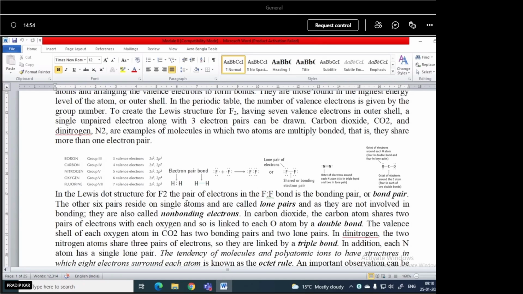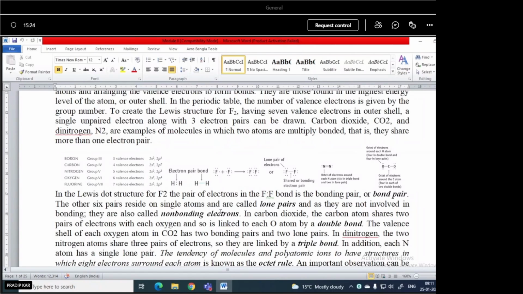In F2, as per Lewis dot structure, the pair of electrons shared is the bonding pair. The electron pair shared is the bond pair, or bonding pair. And the electrons without sharing are known as lone electrons or lone pairs. Okay, and they are also called non-bonding electrons.